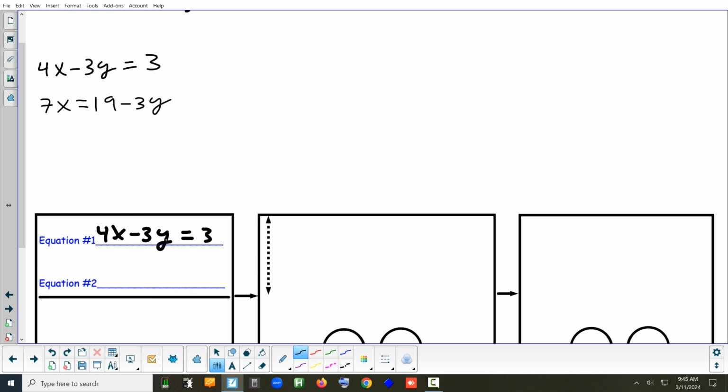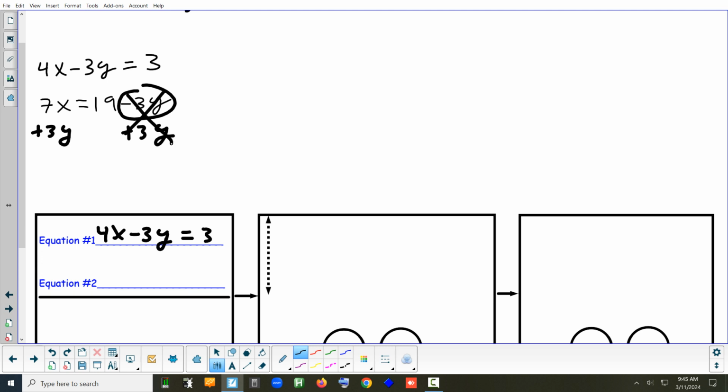Something's on the wrong side in the bottom. The negative 3y. That's on the wrong side. What side should it be on? Left. Yeah, it should be on the left. How do you move that? Plus 3y. And plus 3y.